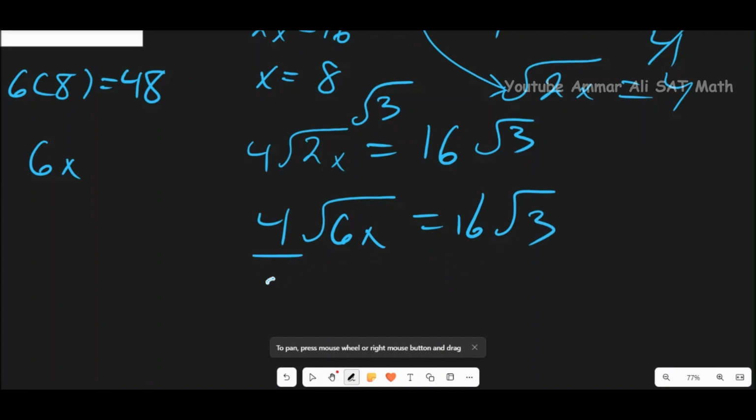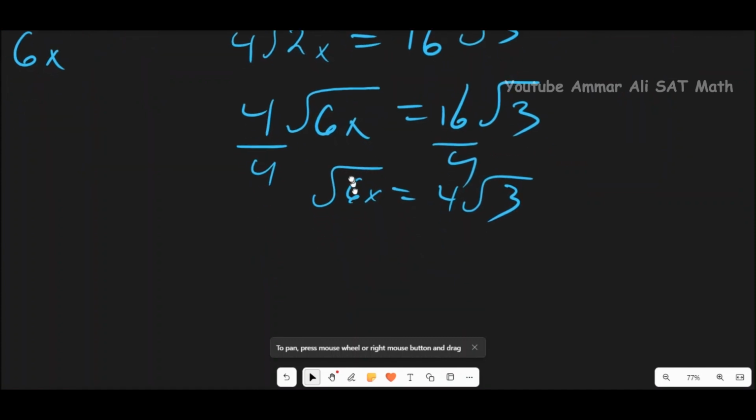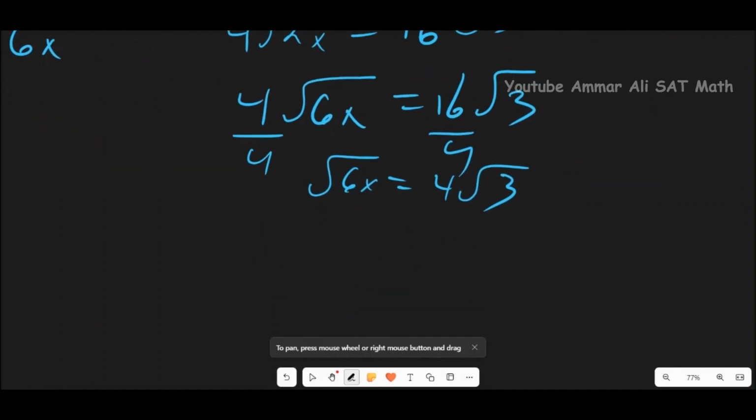So then we can divide the 4s out, and then we will have root 6x is equal to 4 root 3. Now we're going to square both sides, so our answer will be 6x is equal to 4 squared times 3. Because the square and the square root cancel out, the square is distributed between the 4 and the root 3.